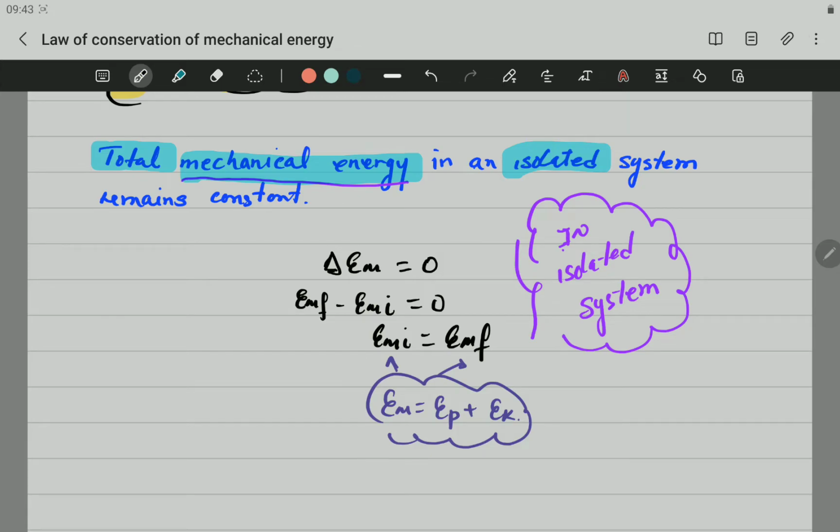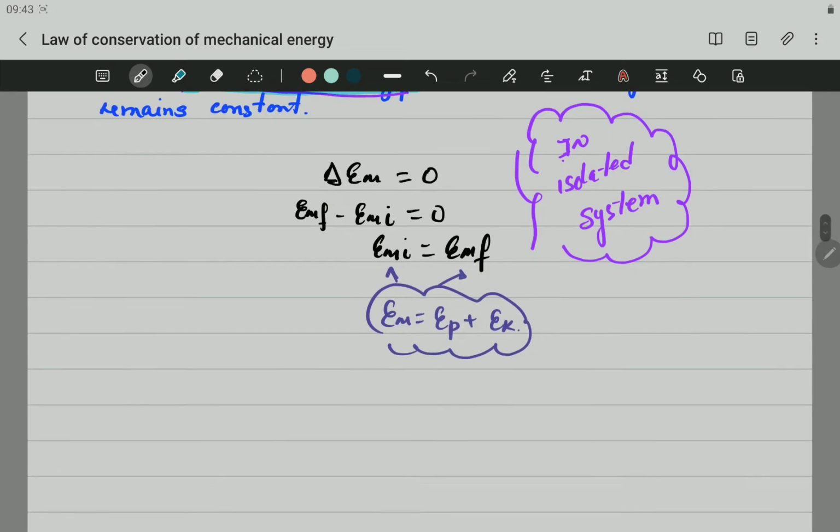So what do we have initial? The initial potential energy plus the initial kinetic energy, that is the initial mechanical energy, equal to the final potential energy plus the final kinetic energy, and this is the final mechanical energy.